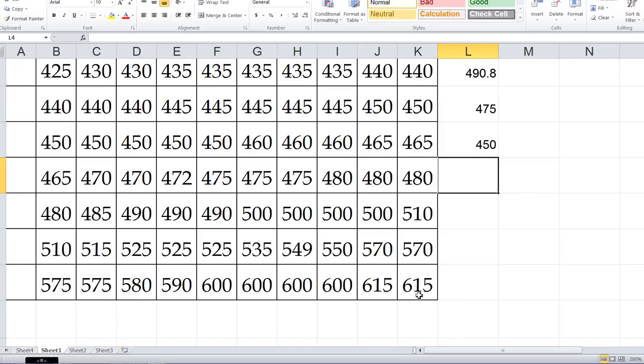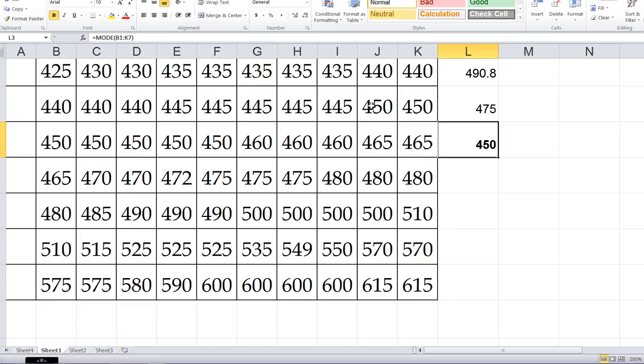The mode is 450. Now remember, in my previous video I mentioned that you need to be careful. In Excel, if it tells you the mode is 450, it might not really be the only mode. It may just be the case that there are several numbers that occur most frequently.